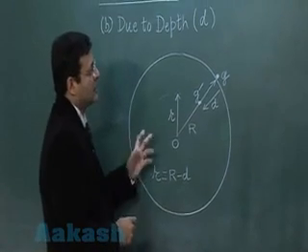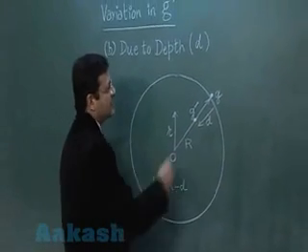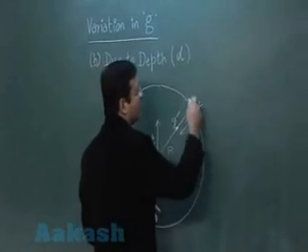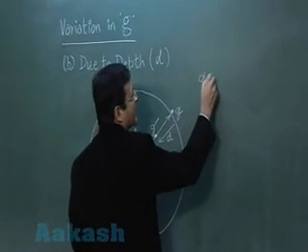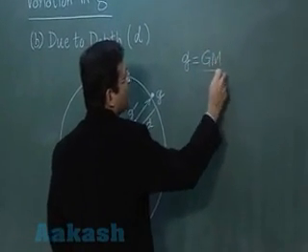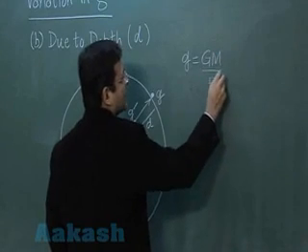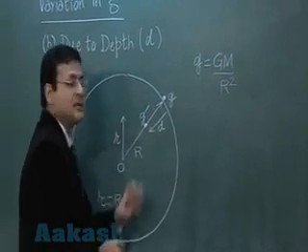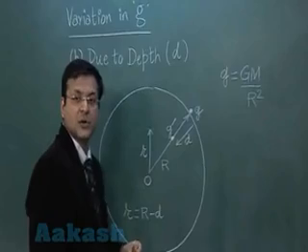Now the acceleration due to gravity g on the surface of the earth will be written as G M by R square, as you did here. Here M is the total mass of the earth.